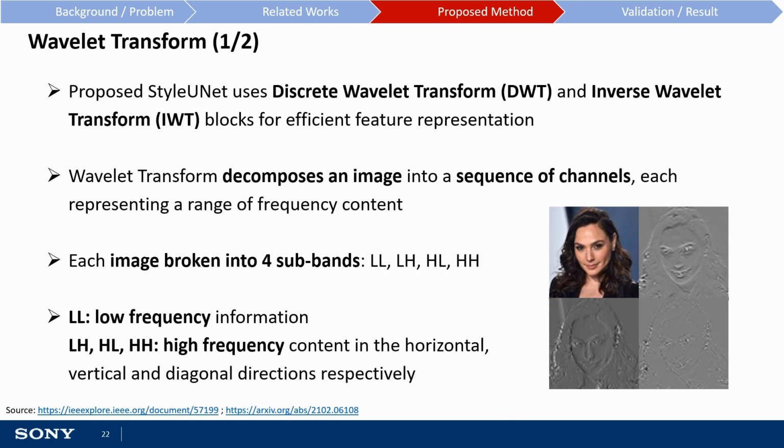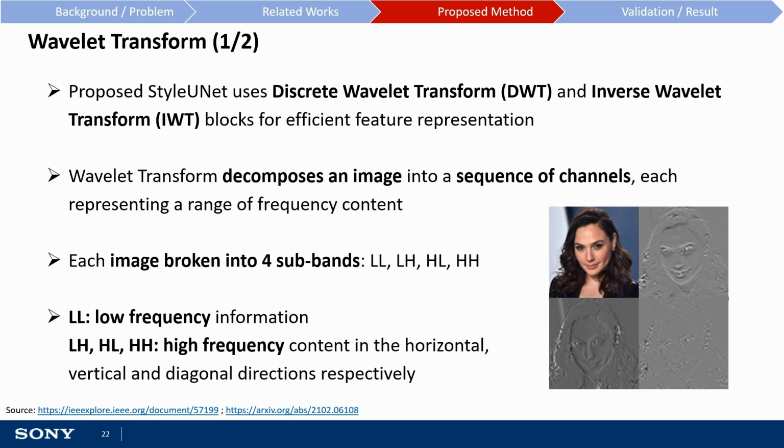So, wavelet transform basically decomposes an image into a sequence of channels, each of which represents a different range of frequency content. The original model works with the first level wavelet decomposition, where each image is broken into four subbands: LL, LH, HL, and HH. These bands are attained by passing the image through a series of low-pass and high-pass wavelet filters and serve as the wavelet coefficients.